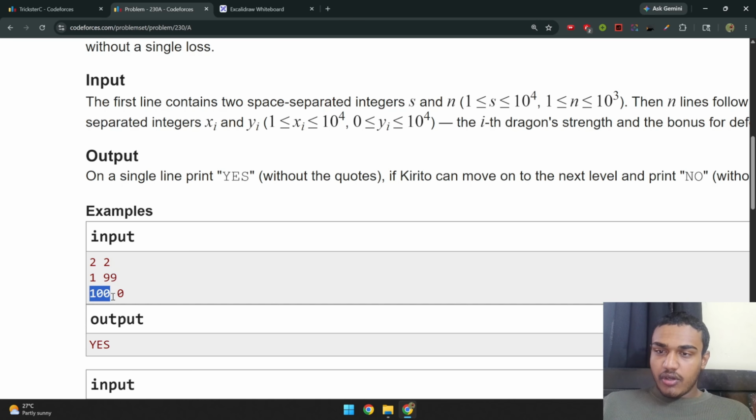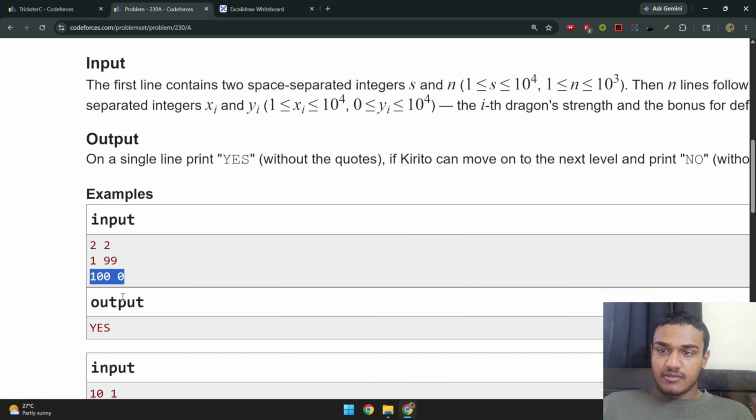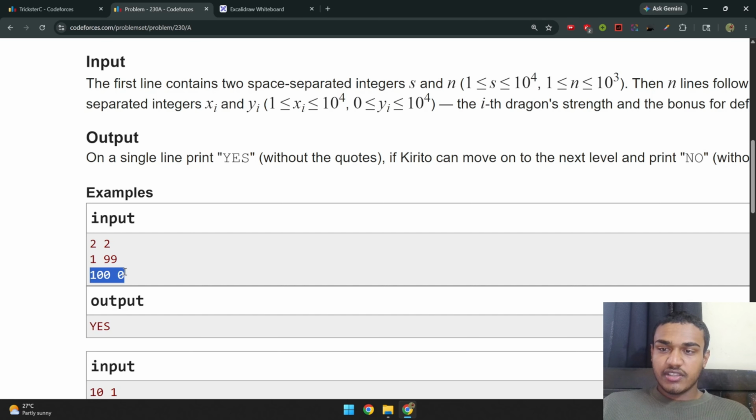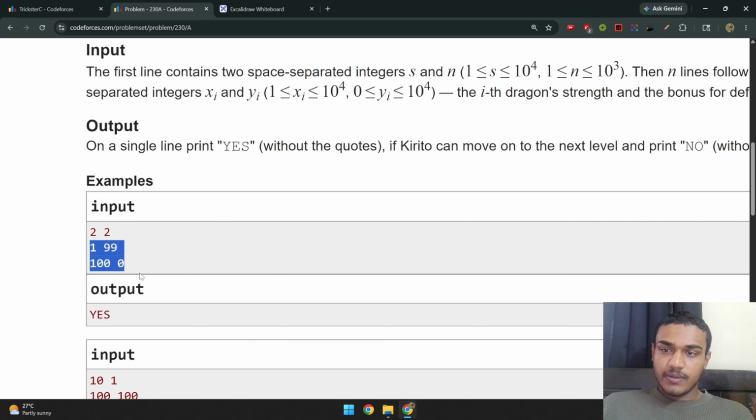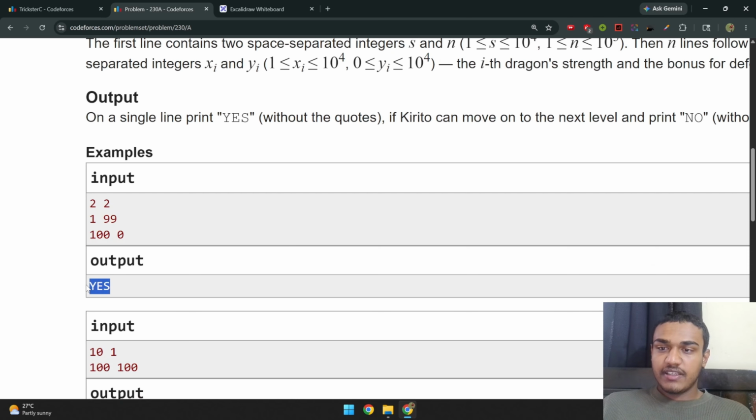Then, if we go on and compare to the next level, which says 100 being the dragon strength and 0 being the bonus, our strength now, which is 101, is obviously greater than 100. So we can say our hero defeats the dragon and they pass all the levels. So we can say very confidently, yes, our hero lives to see another day.